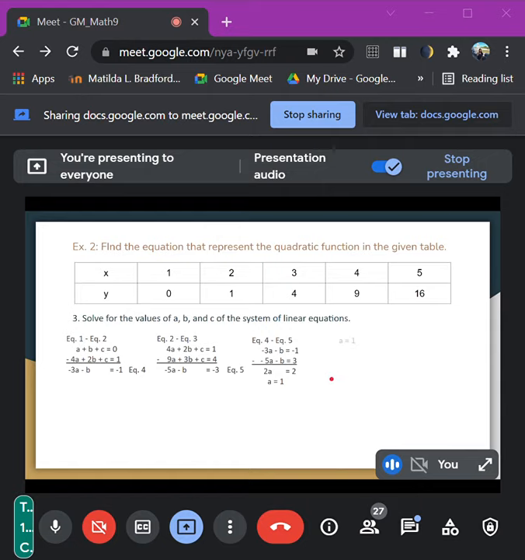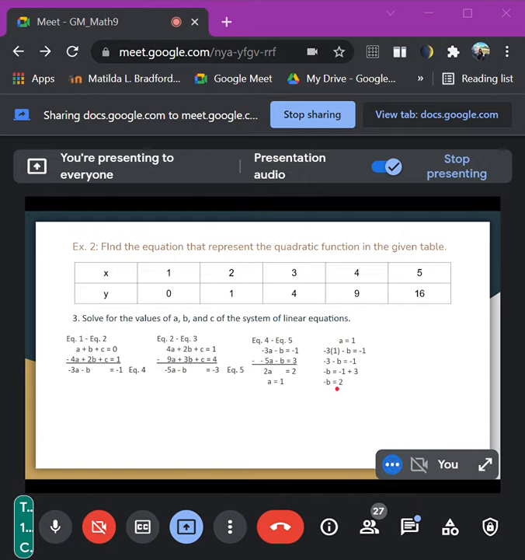Okay? So, what I did here is I substituted in equation 1, equation number 4. So you have there A is equal to 1. So you have negative 3 times 1, that is negative 3, and then minus B is equal to negative 1. And then combine like terms, negative B is equal to negative 1 plus 3, because negative 3 moves to the right side and becomes positive 3.